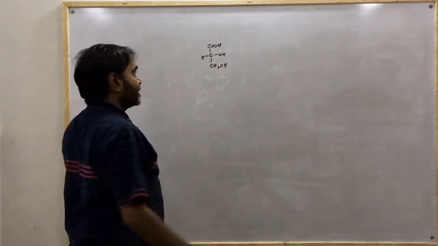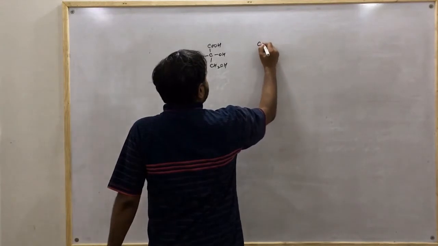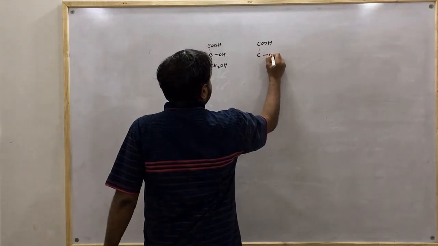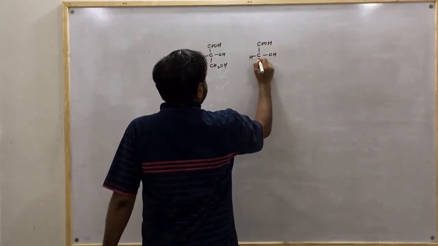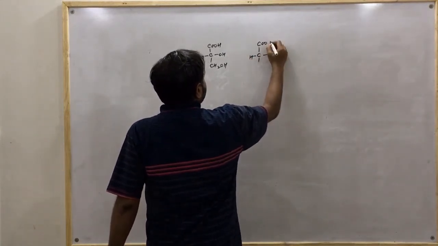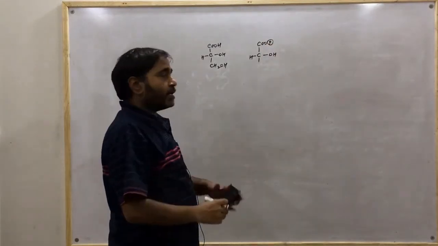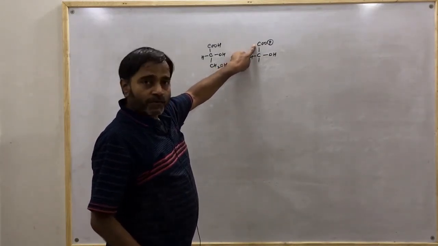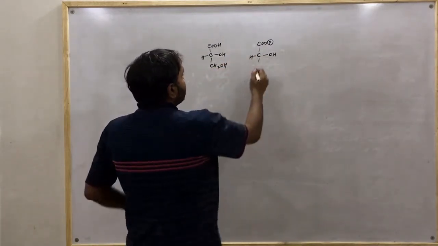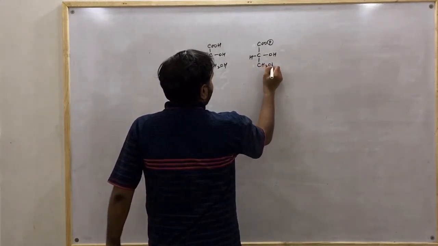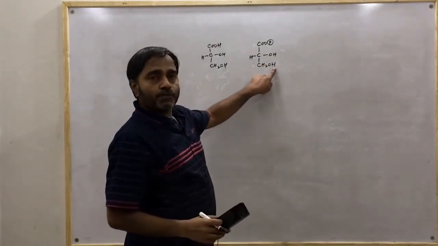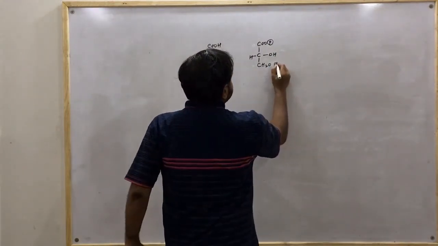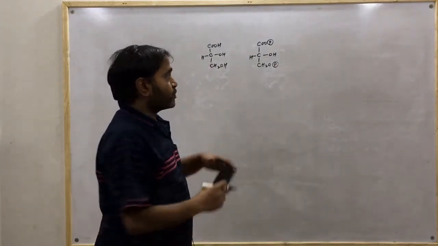We already know the structure of glyceric acid. This is the structure of glyceric acid, and if we want to write 1,3-bisphosphoglyceric acid, we need to put a phosphate here at the first position because we have to start counting from here. So this is the first position, this is second, and the third is this one, that is CH2OH, and H needs to be removed from this position also in order to make 1,3-bisphosphoglyceric acid.